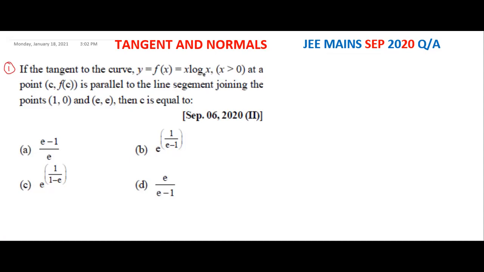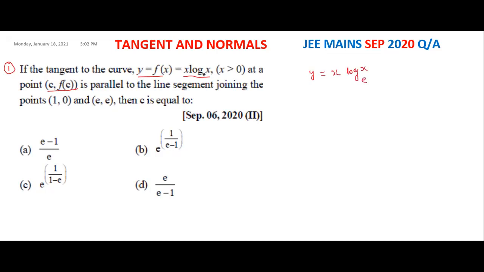If the tangent to the curve y is equal to f of x is equal to x log x to the base e at point c comma f of c is parallel to the line segment joining the points 1 comma 0 and e comma e. First, take the curve y is equal to x log x to the base e.